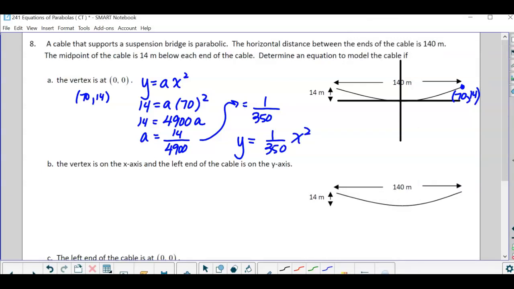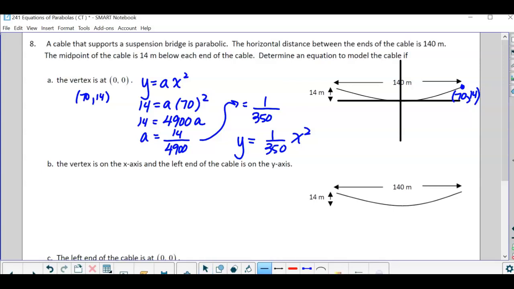Now, you're not going to have to do that every time because this is the exact same cable. It's just that the vertex is in a different place. Now the vertex is on the x-axis and the left end of the cable is on the y-axis.